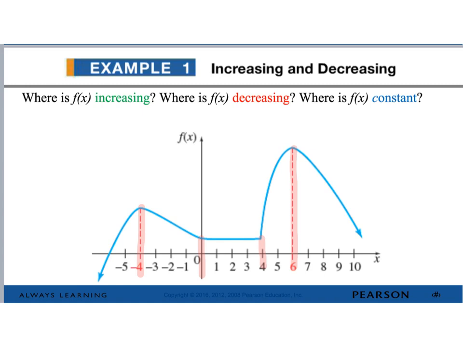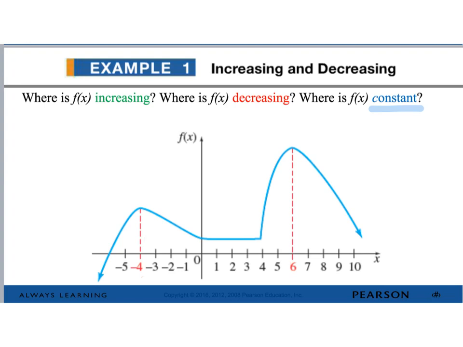So paying attention to those particular x values, to solidify that, we're going to talk about where this function is increasing, where it is decreasing, and then sometimes functions are neither increasing nor decreasing. They're simply constant. So we'll talk about when we know that happens.